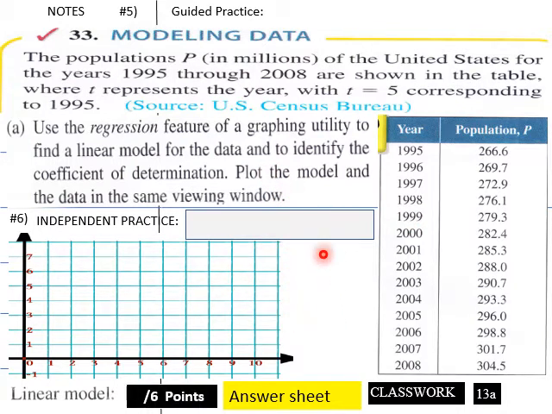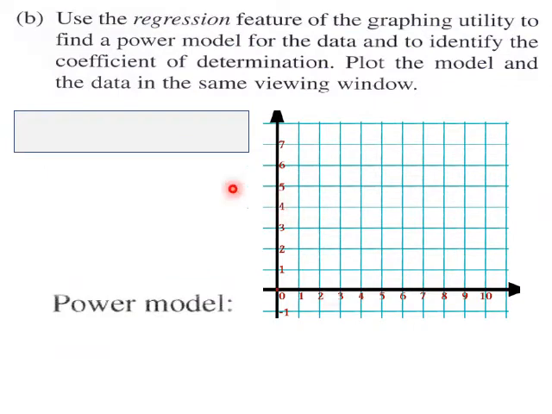6 points for this page here. And then B, use the regression feature of your graphing calculator to find a power model for the data and to identify the coefficient of determination, put that here. Plot the model and the data in the same viewing window. So this will be your power model here.